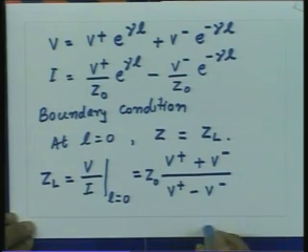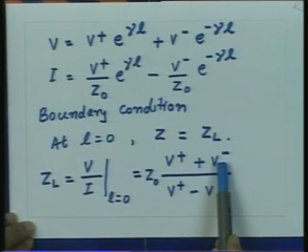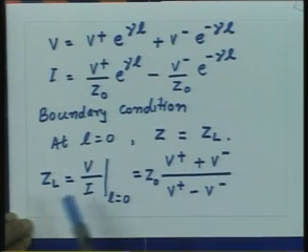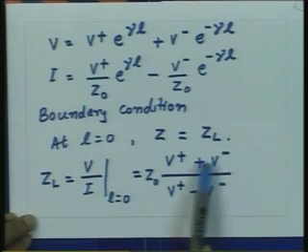What that means is that the absolute values of V plus and V minus do not matter as long as we are applying the boundary condition for the impedance. It is the relative value of V minus upon V plus that will decide what the load impedance is.